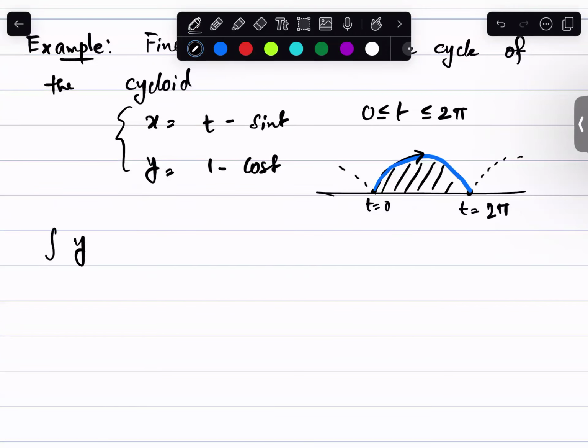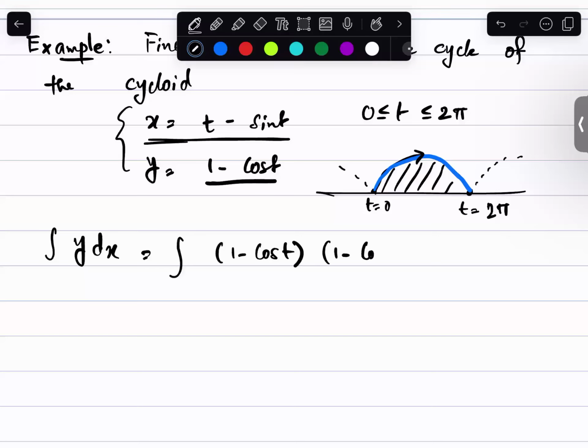So using the formula, I'll get this. y dx is the formula. Now, what is y? y is given as 1 minus cosine t. And if I take the derivative of the expression x with respect to t, then I'll get 1 minus cosine t dt. And t is varying from 0 to 2 pi as well.